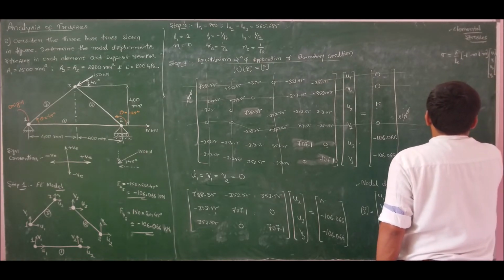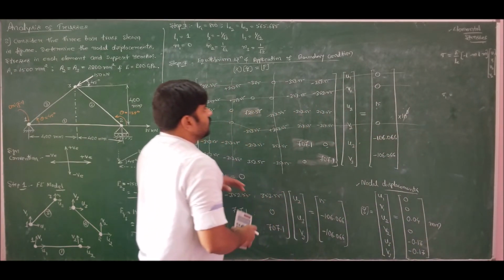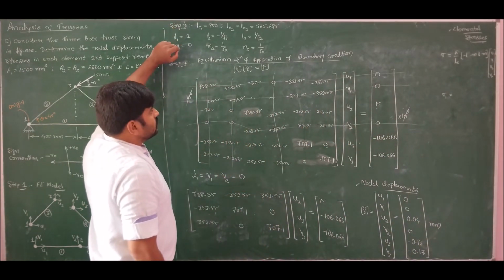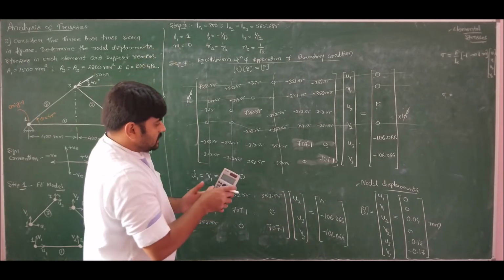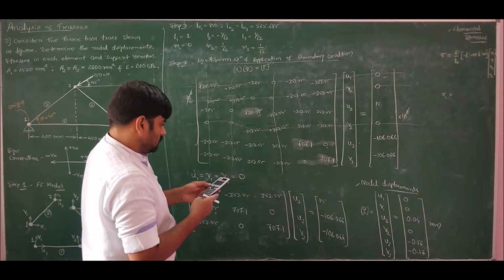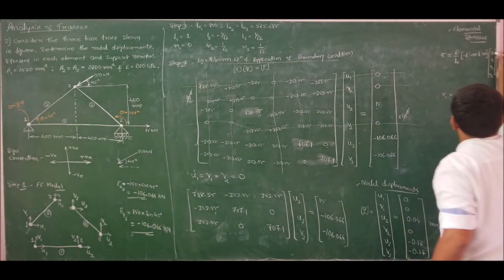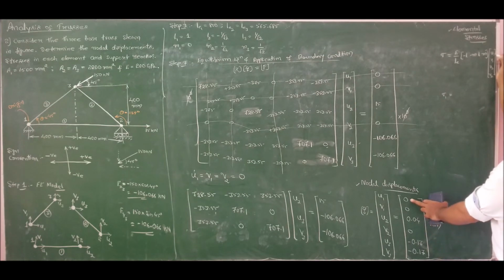Now for element 1, if I calculate the value of the matrix, U1 is 0 and V1 is also 0. We are left with U2 and V2.